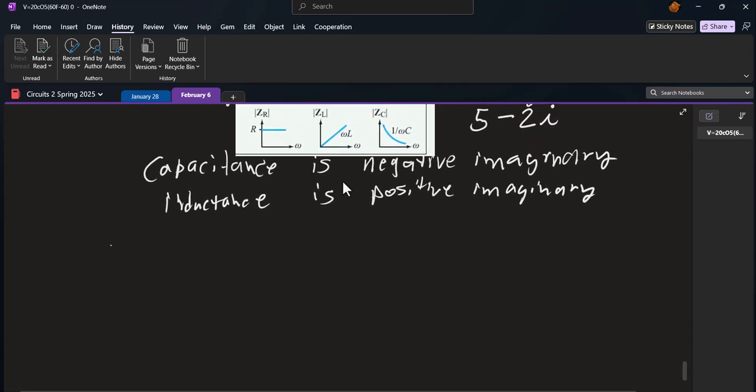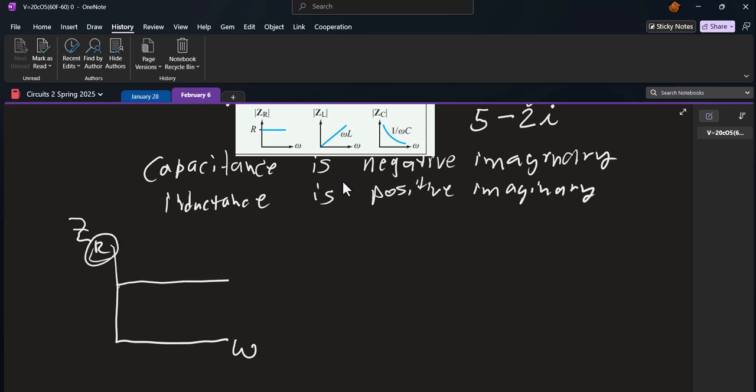Okay, so if I look at a graph of the impedance from a resistor, a resistor's real, and it just is a number. So it does not change as the frequency gets bigger. If I look at a graph of the impedance from an inductor, now I have those absolute value signs on there.